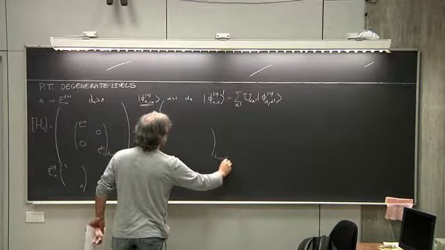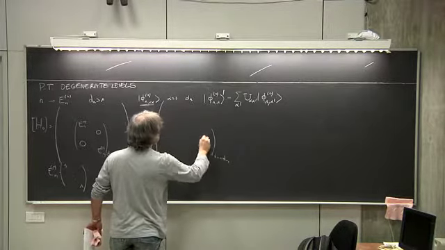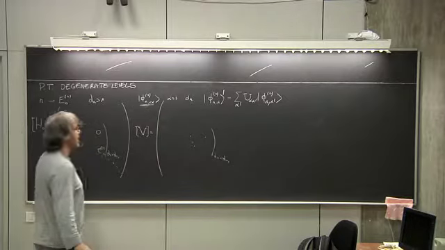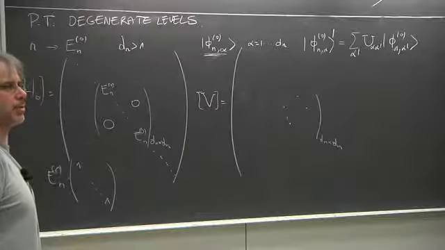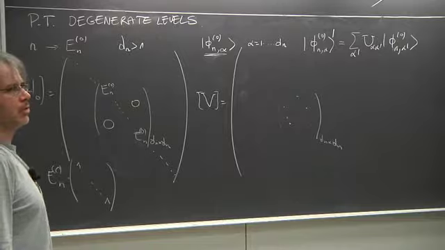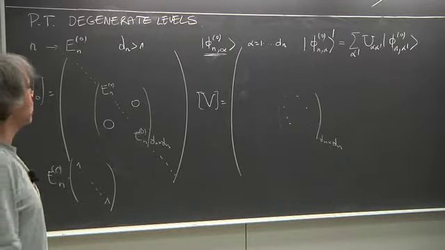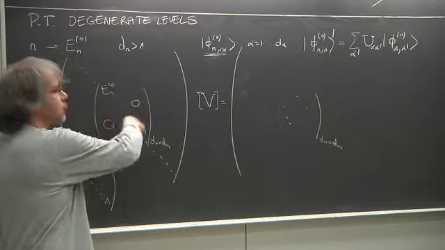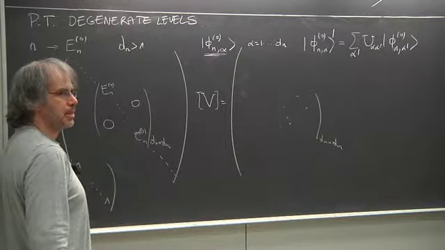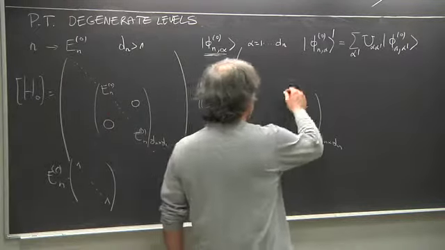This will be full of numbers, obviously, in general. And I ask you, what do you think will be the best choice for the states to use here? This is the question.